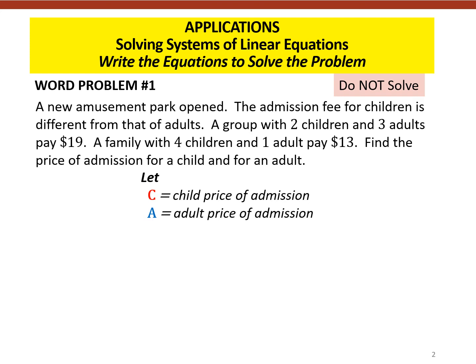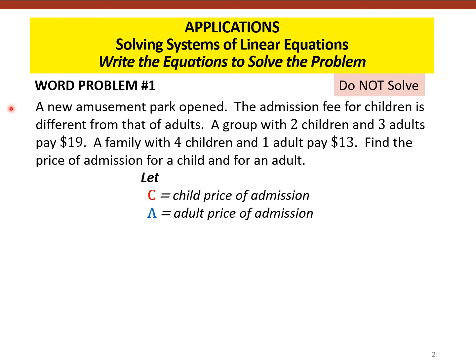Now the third and last thing in this procedure is that you go back, slowly and be picky, and write down every single piece of information they give you in that word problem. All right, a new amusement park opened. The admission fee for children is different from that of adults.